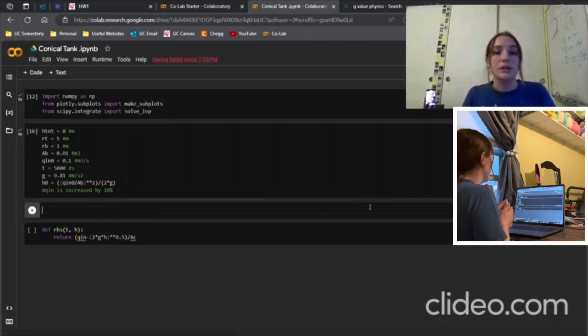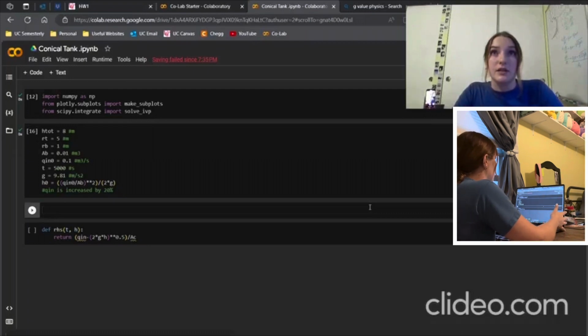Okay, so now we need to initialize our A_C for our system. And when we look at our A_C, we know that it changes with time, and the radius also changes.